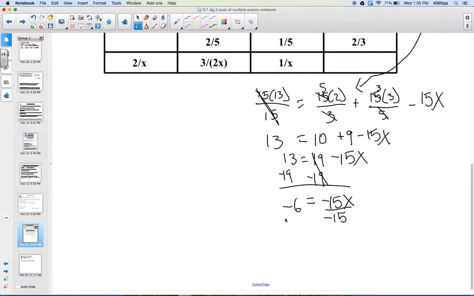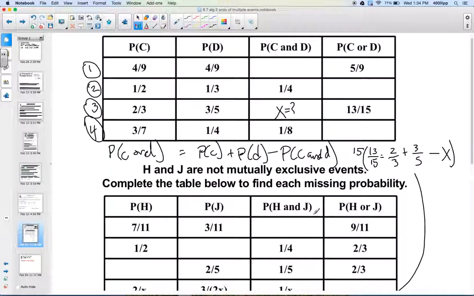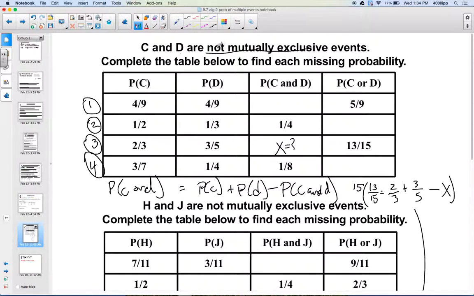Dividing both sides by negative 15, we get x is equal to, a negative divided by a negative is a positive, 6 over 15, which will reduce to, we could take out a 3 from both 6 and 15, so we'll be left with 2 over 5. And that's how we solve it when we are given certain terms here and it tells us that they are not mutually exclusive events.